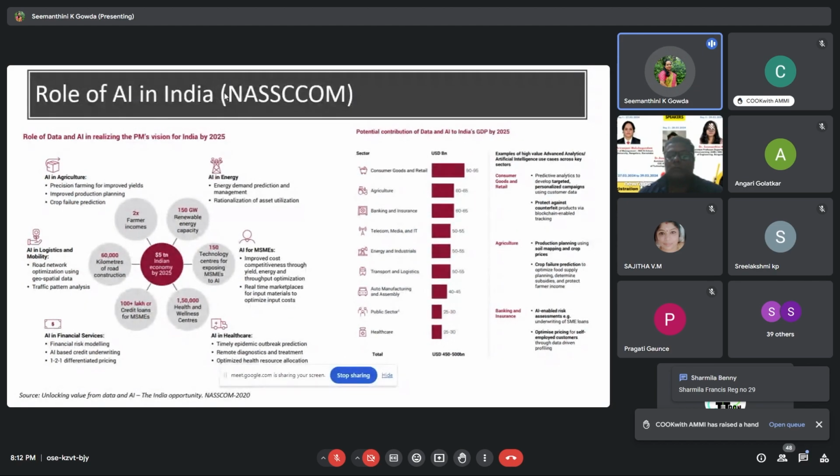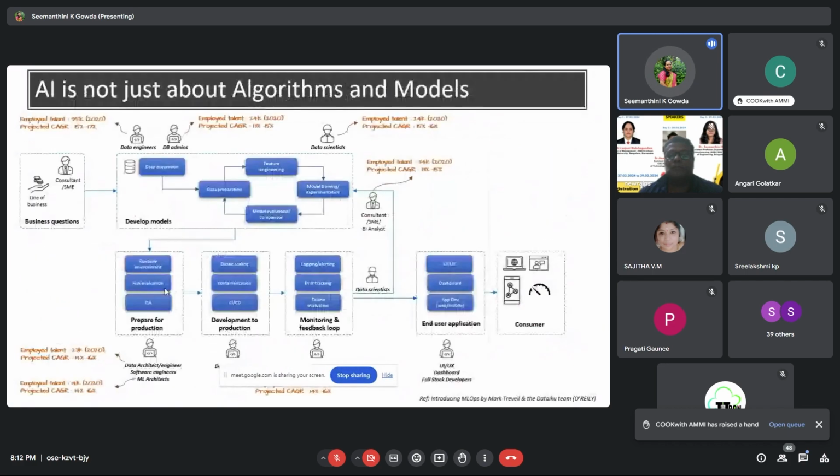There is an improvement in the production of crops by farmers, 150 GW of renewable energy capacity is used, 150 technology centers for AI have been developed, around 150,000 wellness centers have evolved, and 100 plus lakh credit cards or credit loans for the MSME have been introduced. These are some of the applications where we have seen the concepts of AI in recent eras.